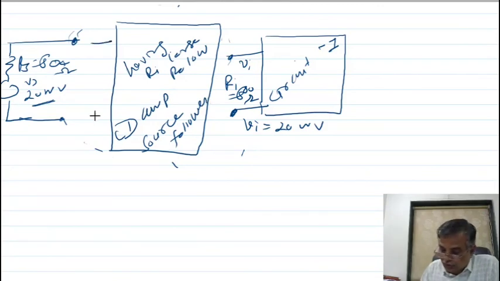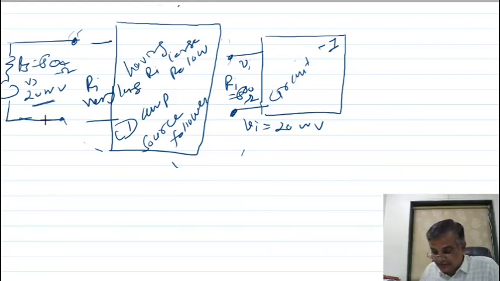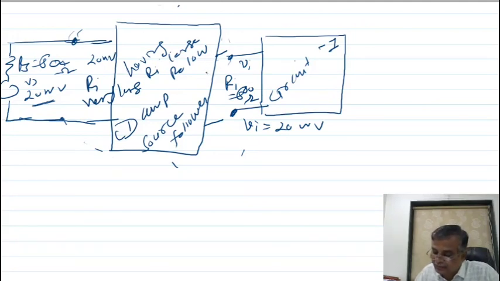The source follower has a very, very large input resistance. So if you connect it here, you will get 20 millivolt here only. And we know that for the source follower, the output follows the input. So this voltage is approximately 19.5 millivolt. And that 19.5 millivolt you can connect here.